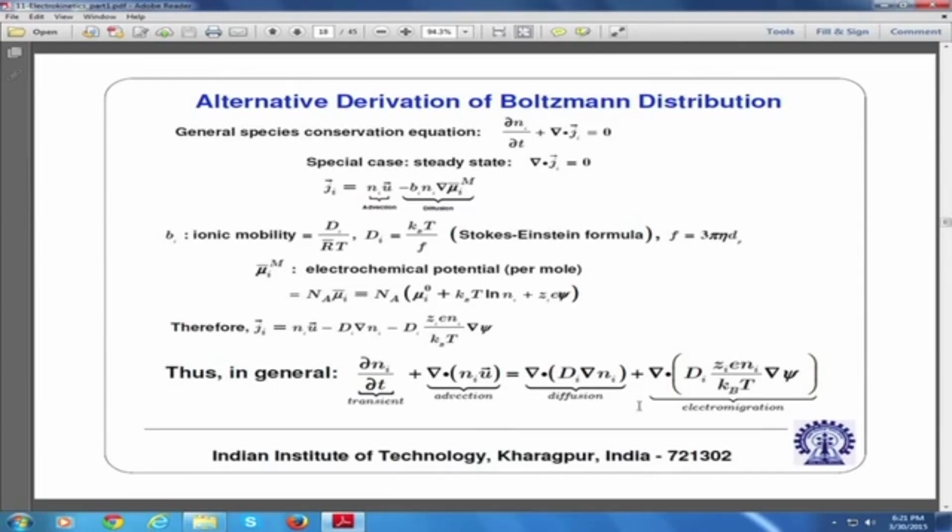It is a most general expression, provided you do not write it in this form, but you write it in this form, that is Ji is equal to Ni u minus Bi Ni grad mu Im. Once you have specified the expression for mu Im like this, then it is no more that general, because it contains assumptions that you are considering the system as an ideal solution, right.